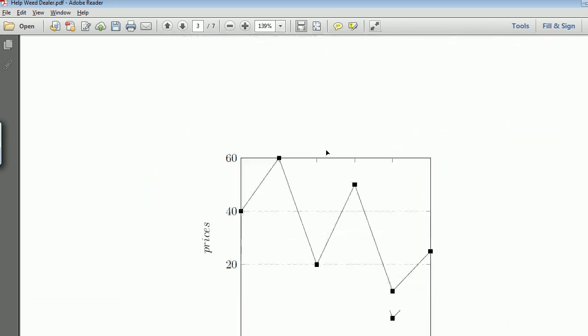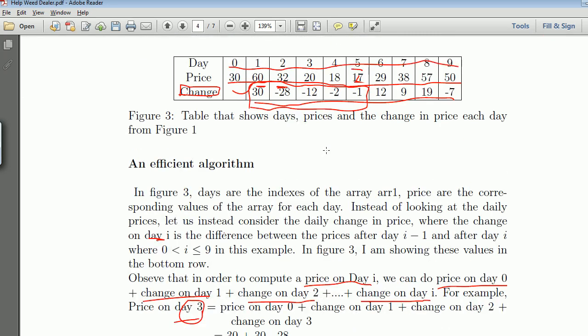And how can we do that? One way would be to add these change values and find the set that yields us the maximum result. So that is why we want to find a contiguous subarray whose sum is maximum. Okay. So for example, in this problem, it is evident that the dealer must buy on day 5 and sell it on day 8.